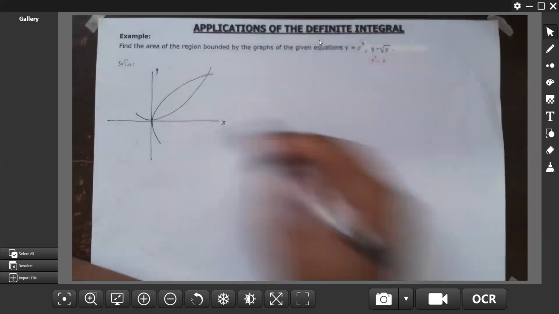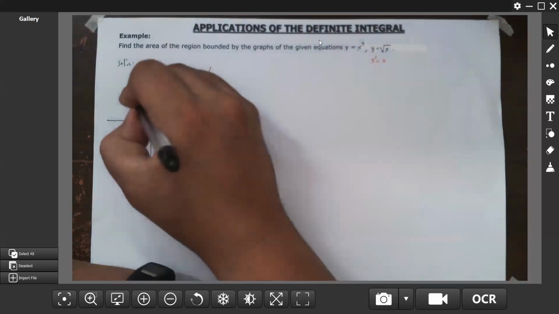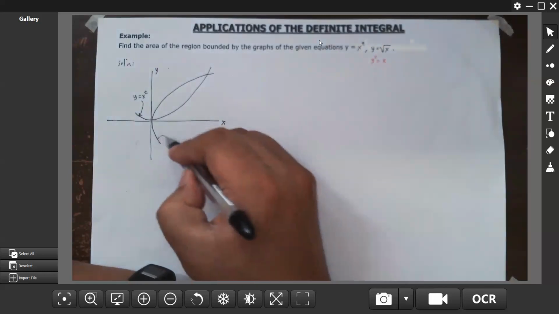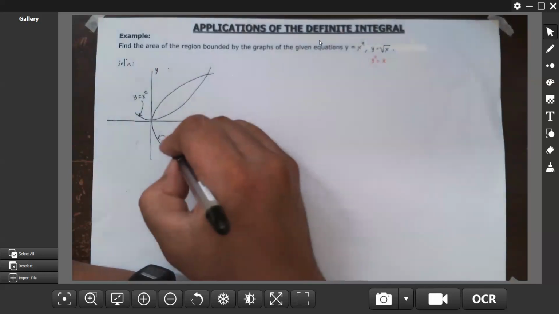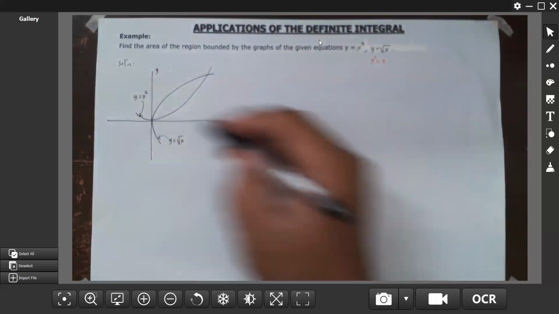This one has the equation y equals x squared. This one, opening to the right, is y equals square root of x.